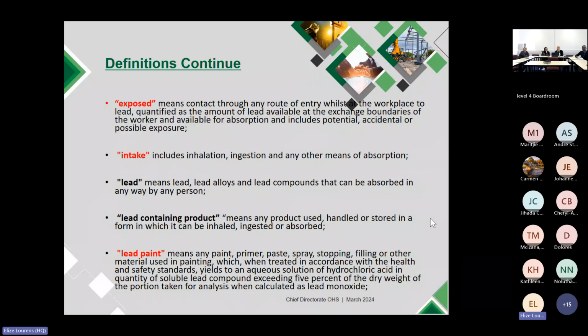If we look at the last definition there on the slide, lead paint, what I need for you to understand about this very technical definition is that it's also a definition that we share with the Department of Health. You would maybe know that the Department of Health has recently published the lead in paint regulations that regulates that environment where there's a manufacture or application of leaded paint.